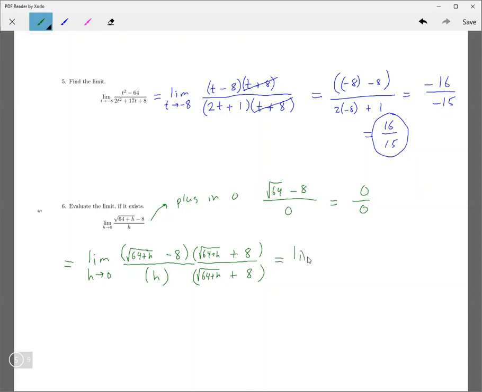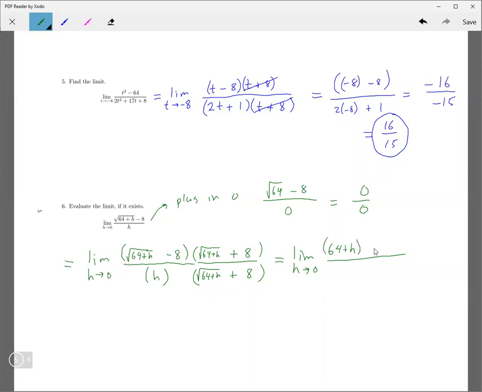And then the numerator, because these are conjugates, is like a minus b times a plus b. So you get a squared, which is just 64 plus h, since the square root of 64 plus h squared is just 64 plus h.